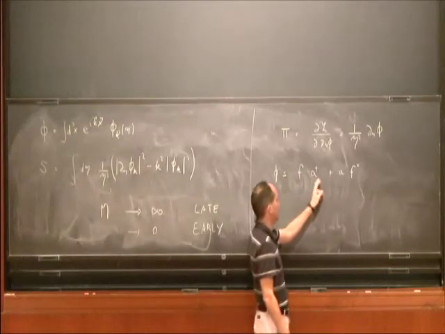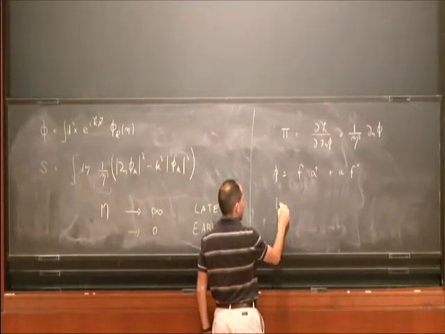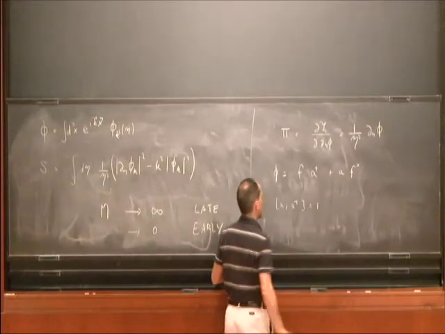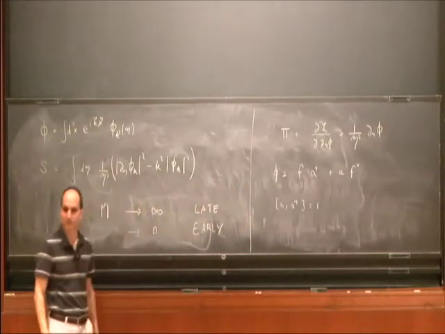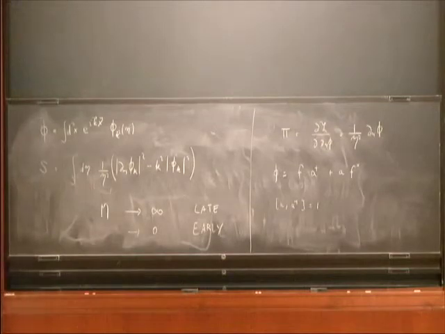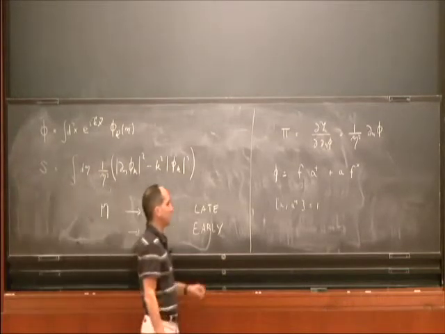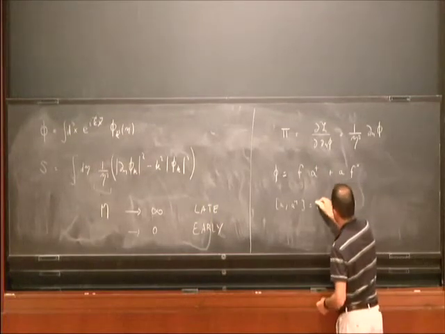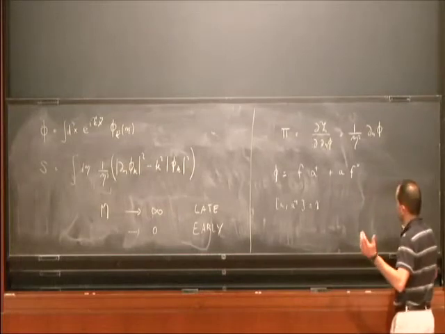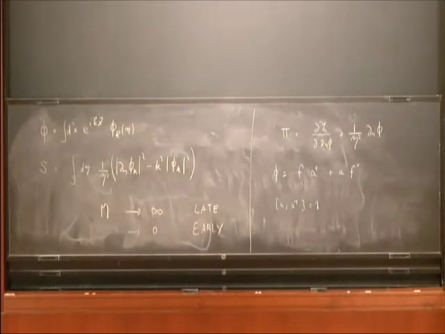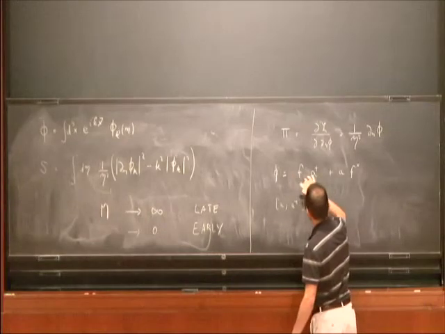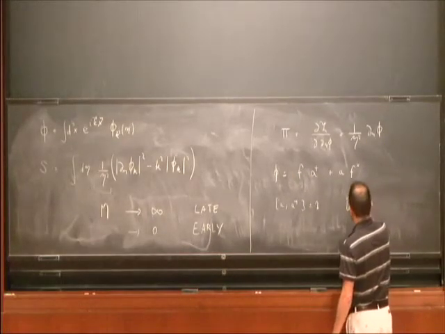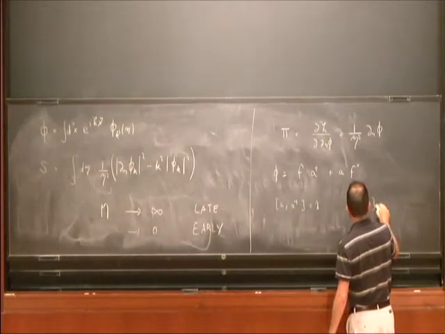Now, we can do it in such a way that the commutation relations between A and A dagger are the ones that we are used to for the case of creation and annihilation operators. If you find some solutions F and F star, you can set the normalization of the solutions by imposing this condition together with the condition that the commutator of pi with phi is the usual i.